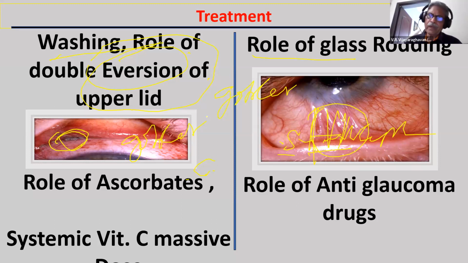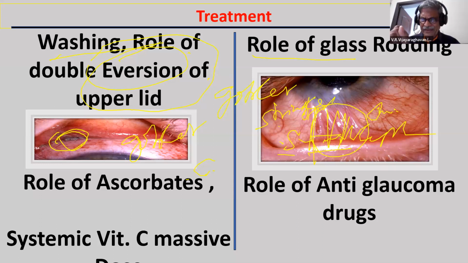One more important point. When the chemical has fallen, you know the cornea is made up of collagen fibers, and the sclera is also made up of collagen. What happens now?